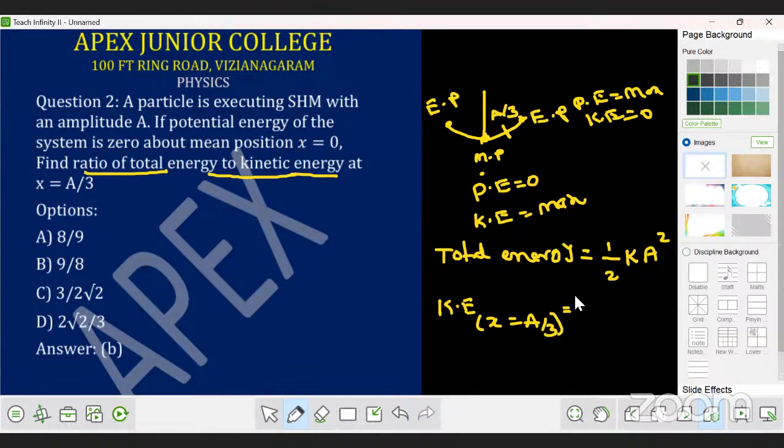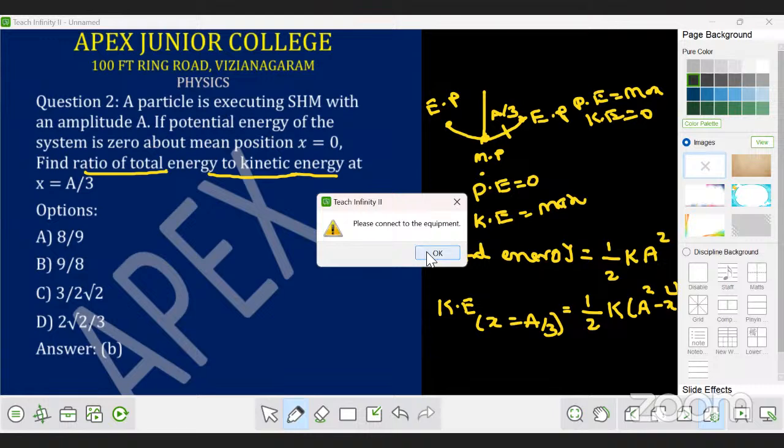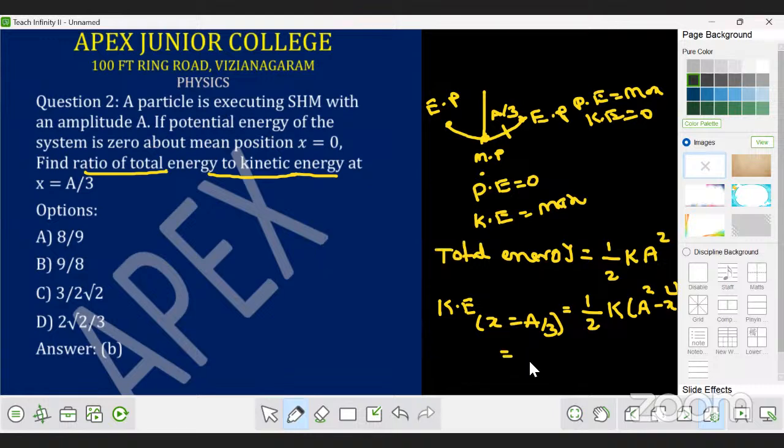What is the general formula for kinetic energy in simple harmonic motion? Half k into a square minus x square. This is equal to half k into a square minus, what is the x value given? A by 3, so x square is a square by 9.